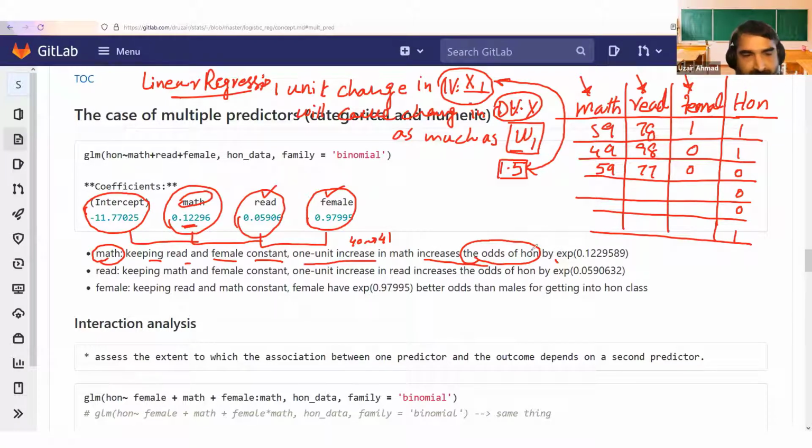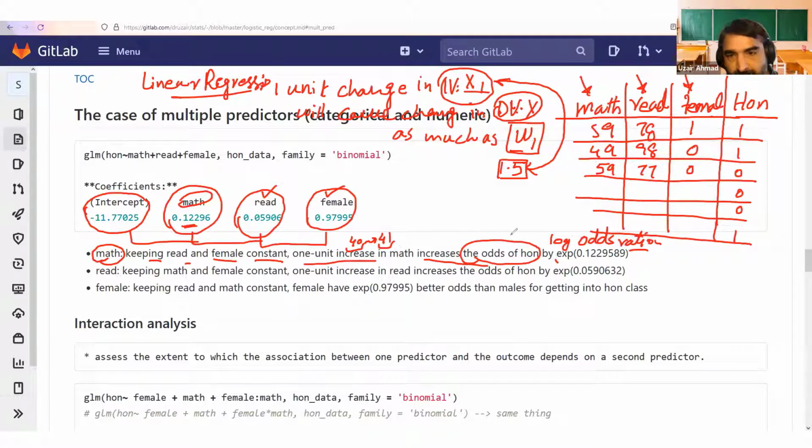So when we look at this coefficient, it represents log of odds ratio. So if we get 40 score, what are our log of odds to be in honors class? If we change it to 41, what are our log of odds in being in honors class?